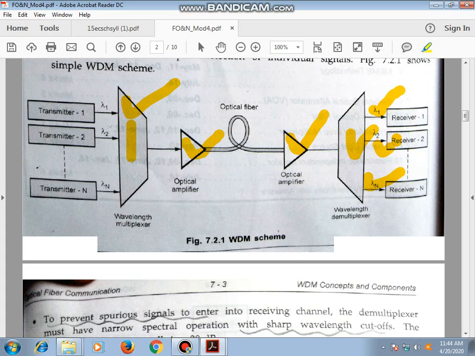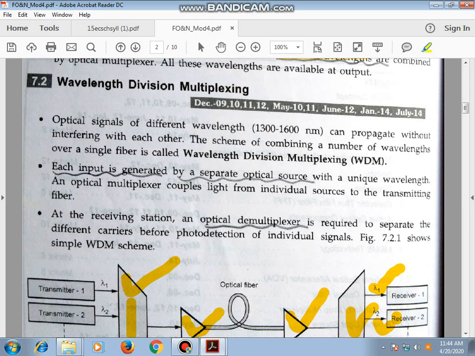Because of this, at the receiver side also you should have an optical amplifier, so that the received signal can be recovered without any loss of the transmitted signal. We'll see in depth what they have written.